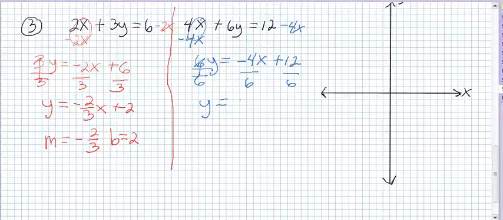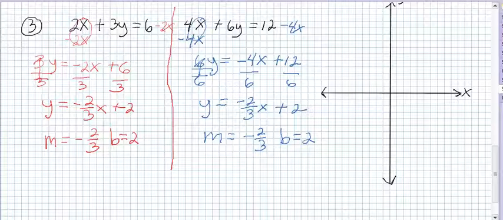Can I reduce 4 over 6? I can. I can divide both top and bottom by 2. So this is going to be a negative 2 over 3x. Will 6 go into 12? It will, 2 times. Okay, so I've got it in slope-intercept form, y equals mx plus b. My m for this one is negative 2 over 3, and my b is positive 2.